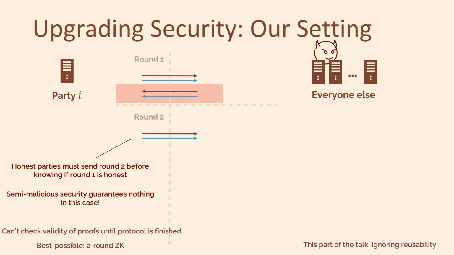And in particular, if these honest parties send out these messages in the clear, that means that semi-malicious security actually guarantees nothing in this case. To get around this problem, what we would like is some way to send out an encrypted version of round 2 in a way that it's only decryptable if the first round is honestly generated.